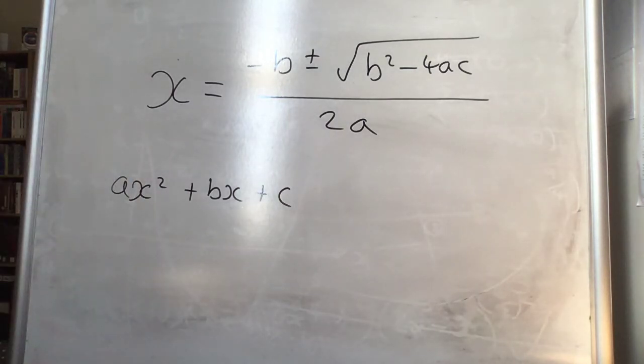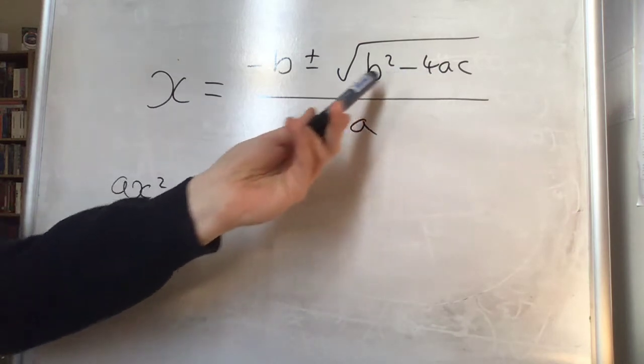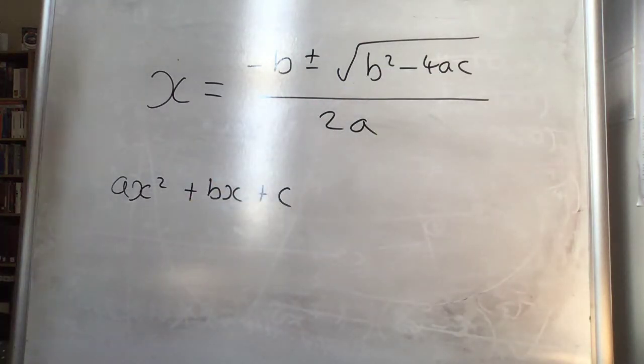So if the value that comes out underneath our square root is negative, x cannot be a real number and there will be no real solutions. If the value under the square root is equal to 0, both solutions to x, because usually when we have a quadratic expression we're going to get two solutions of x, both of those solutions will be the same.